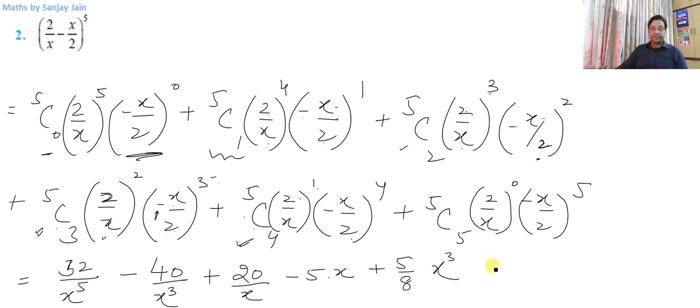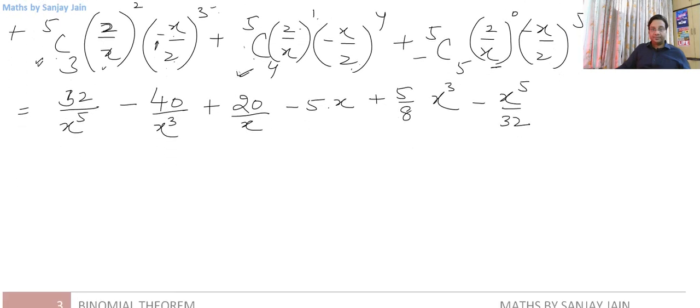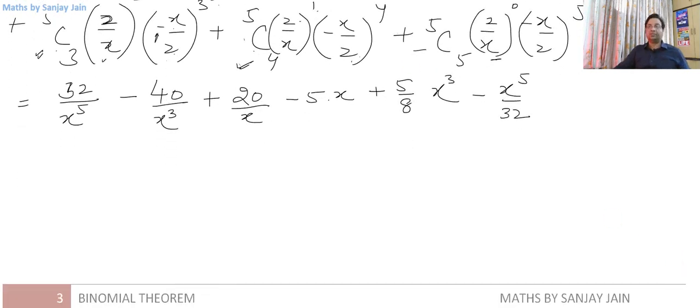Okay, and this is 1, this is 1, this is negative, so minus x raised to power 5 by 32. I hope you would have found this calculation easy. There was nothing challenging apart from the possibility of making silly mistakes. Otherwise, there is nothing challenging.